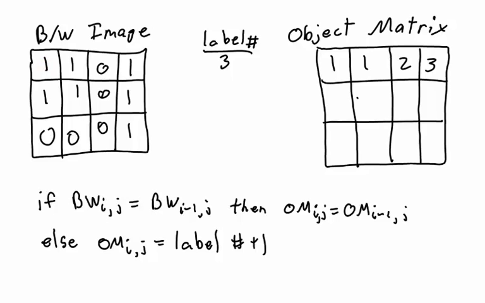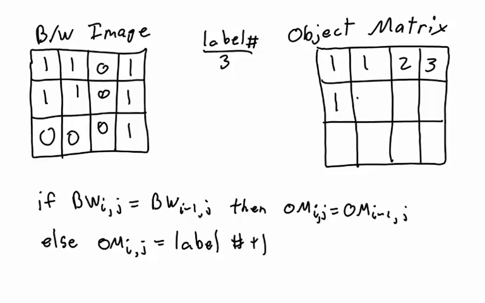Next, I see that the black-white image value in the next row is different than the black-white image value in the last row. So, I have to place the next label number and increment my label.